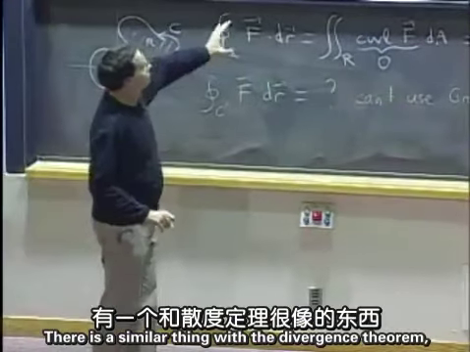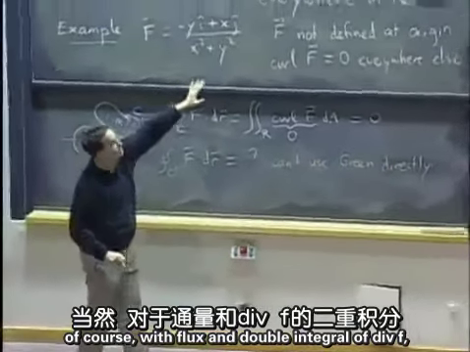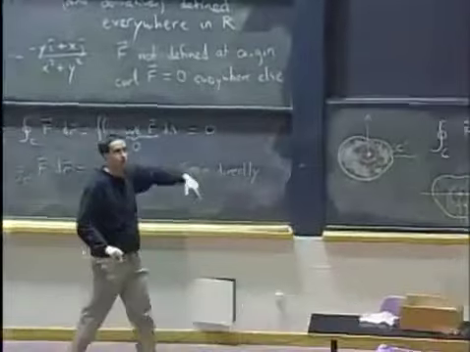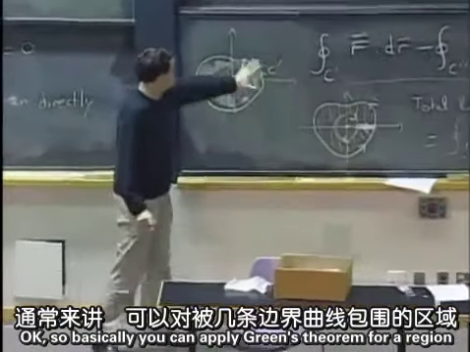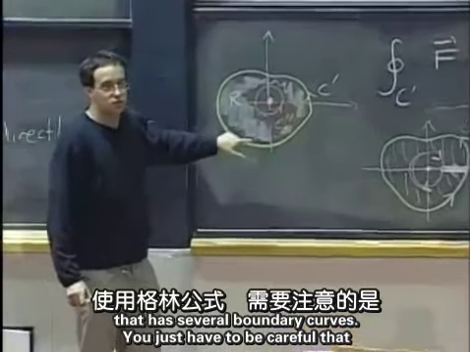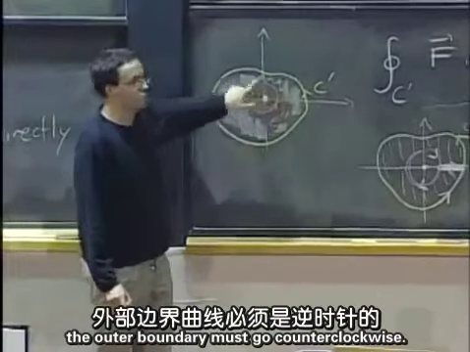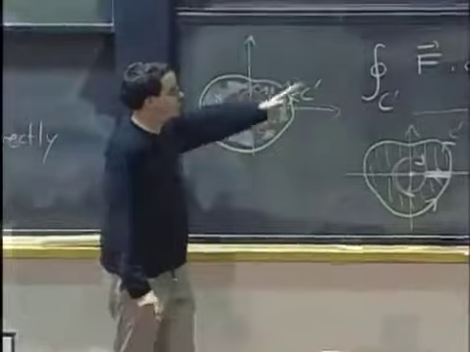There's a similar thing with the divergence theorem, of course, with flux and double integral of div f. You can apply exactly the same argument. So basically you can apply Green's theorem for a region that has several boundary curves. You just have to be careful that the outer boundary must go counterclockwise. The inner boundary either goes clockwise or you put a minus sign.